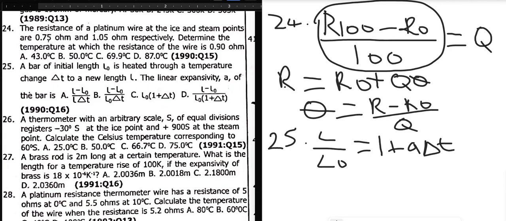So the next step is L over L0 minus 1 is equal to what? A change in T. Okay, follow?